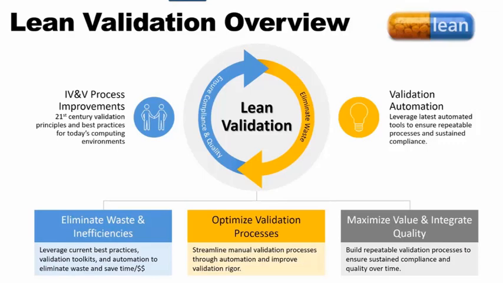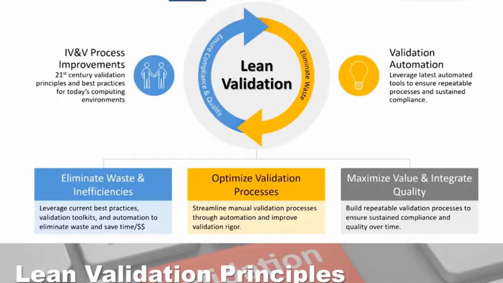Because the validation engineer has to take 20 tools and bring them all together, this brings in inherent inefficiencies. What we would like to do is optimize that process and streamline it for Dynamics 365 validation. So what we did is we took the principles of lean and applied them to Dynamics 365 validation.